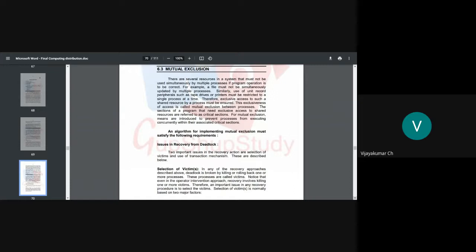The exclusiveness of access is called mutual exclusion between two processes. The sections of a program that need exclusive access to shared resources are referred to as critical sections. What is it? Critical sections.